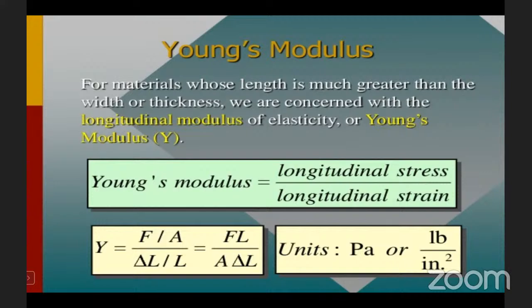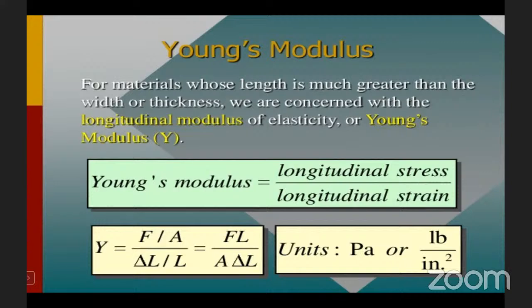Y equals longitudinal stress, meaning F by A, by longitudinal strain, meaning change in length by original length, that is del L by L. That equals FL by A del L. This is the Young modulus principle: FL by A del L.